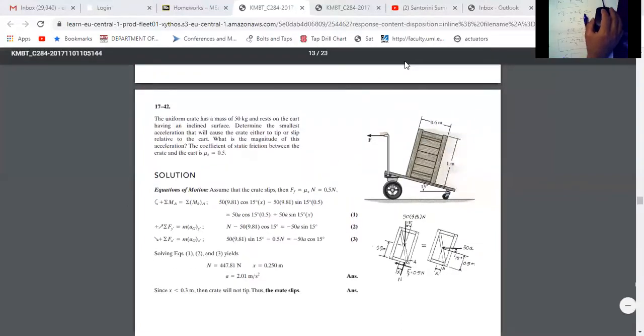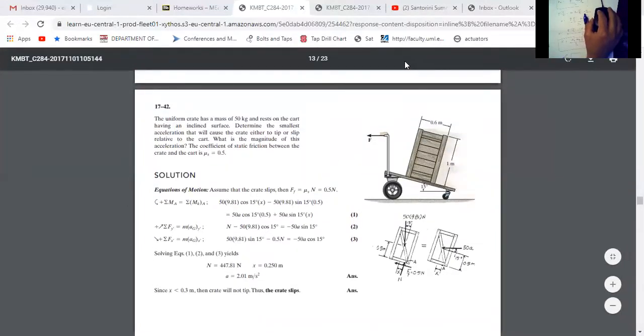Here we have a crate that has a mass of 50 kilograms and rests on a cart having an inclined surface. Determine the smallest acceleration that will cause the crate to tip or slip relative to the cart. What is the magnitude of this acceleration?